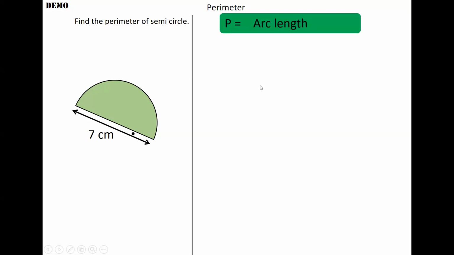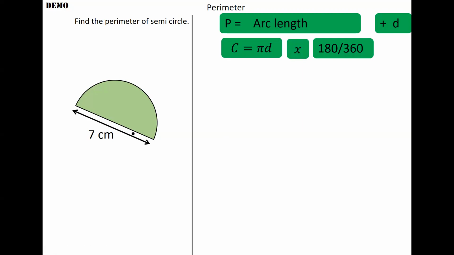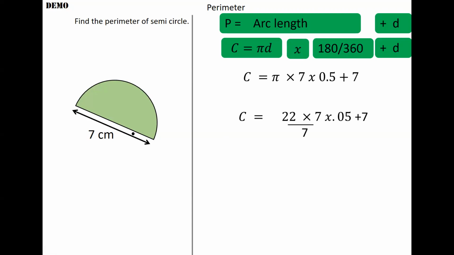So perimeter is equal to arc length plus the diameter: pi d into the fraction 1 over 2 plus d. So pi into 7 into 0.5 plus d. So you get the same value, but the only thing is plus 7. So 11 plus 7, answer is 18 centimeters. Is it clear?